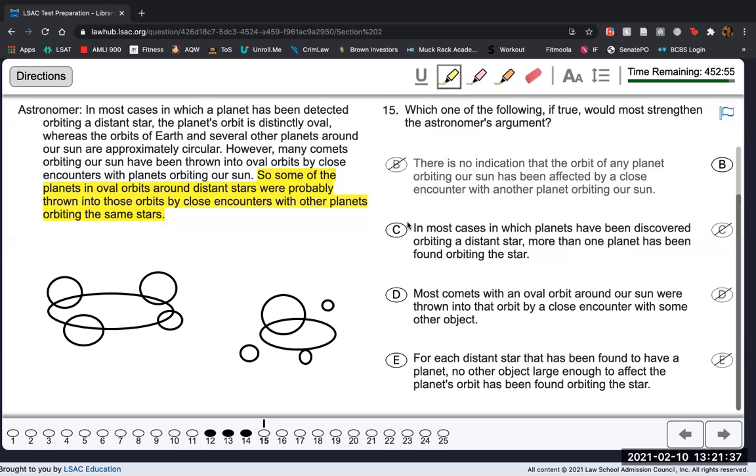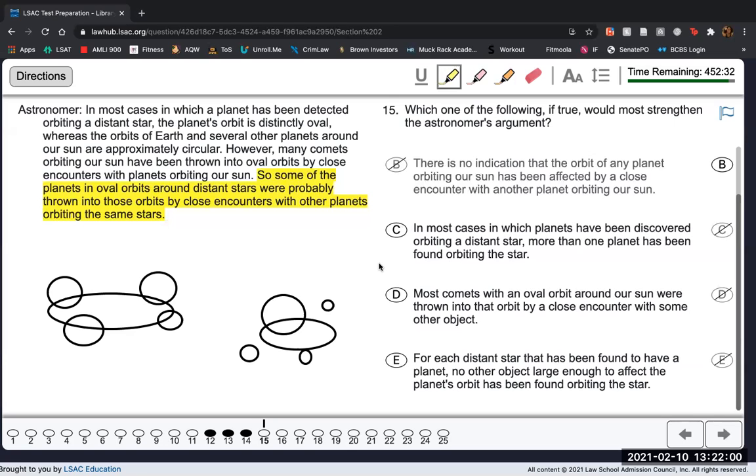So this answer choice identifies a potential flaw or a gap in the reasoning. It's kind of like the necessary assumption a little bit. In most cases there are multiple planets, meaning you can have a planet that alters your orbit from a circle into an oval. This would really help us.